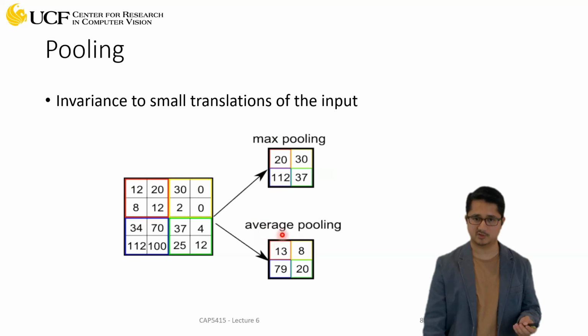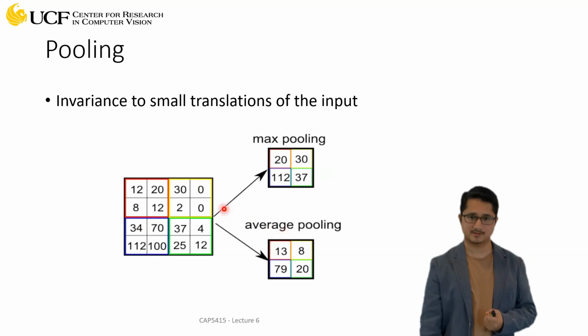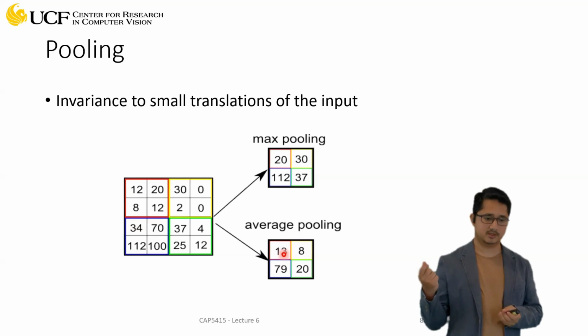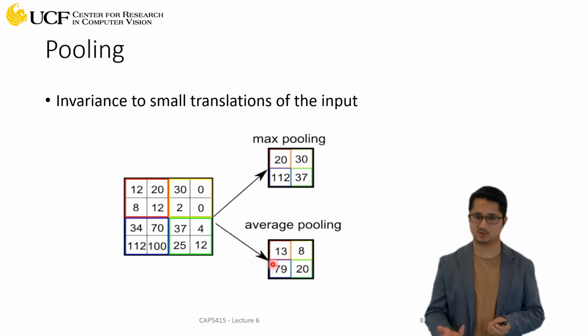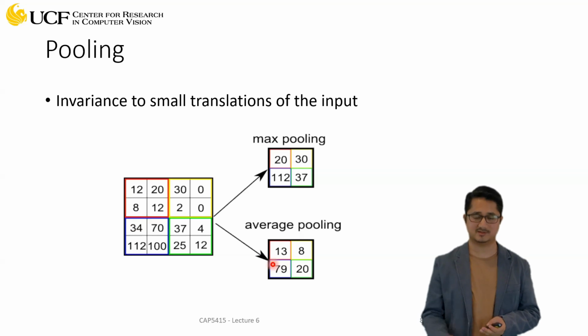And similarly, average pooling is almost similar, but instead of taking the maximum, it's taking the average. So if you think about this, average pooling is in a way like using a normalized box filter. Of course, implementation-wise, it might be using a box filter, but we don't care about that. Conceptually, it's different, right?